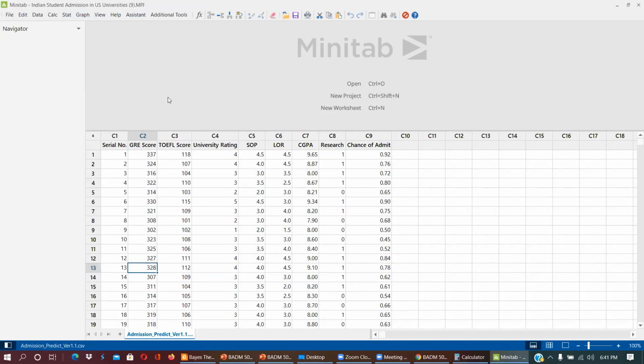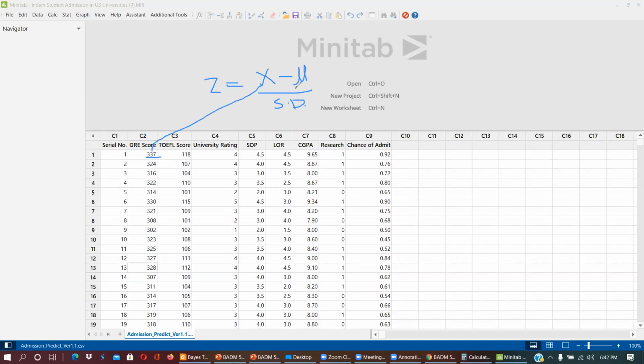So standardization is just Z equal to X minus mu divided by standard deviation. X is the individual value. Mu or X bar is the average of the entire data set, and the standard deviation is of the entire GRE.